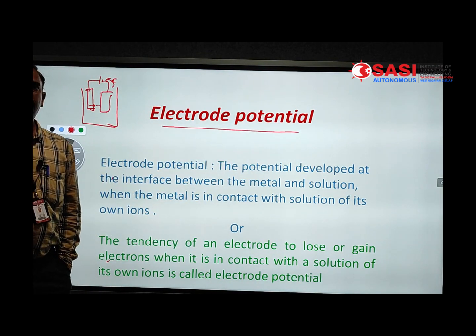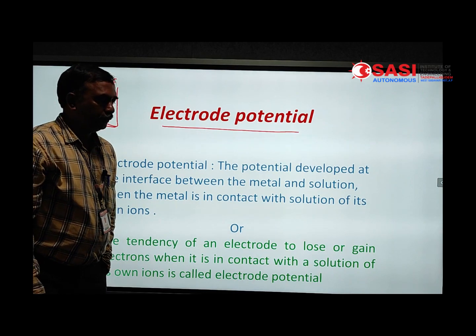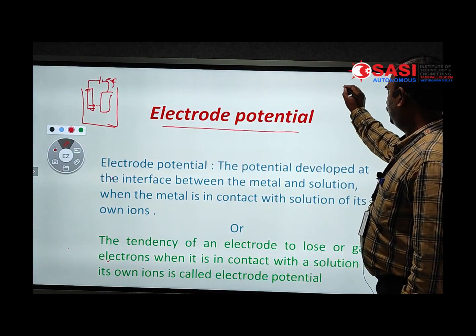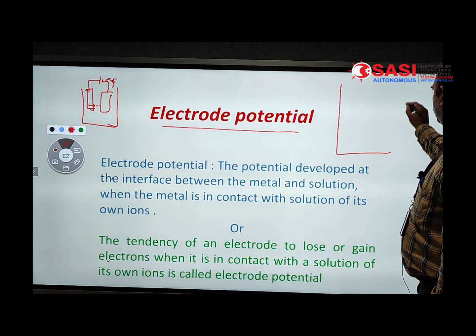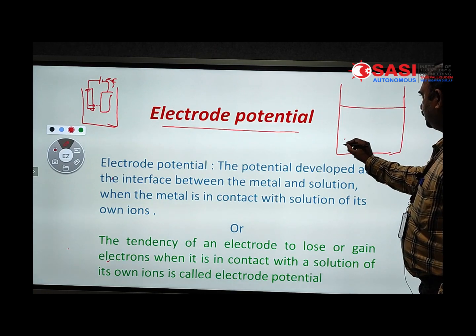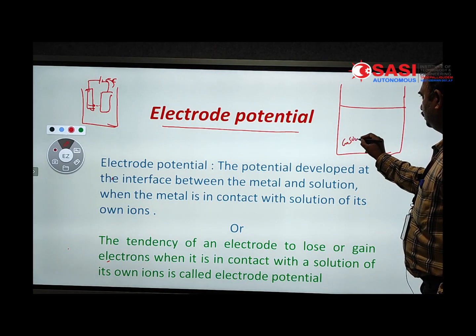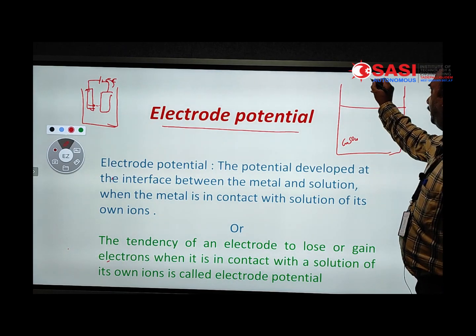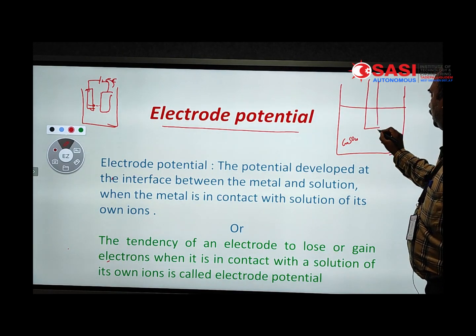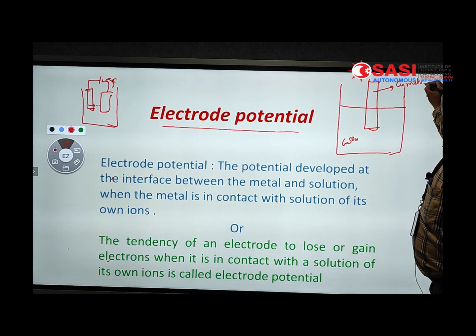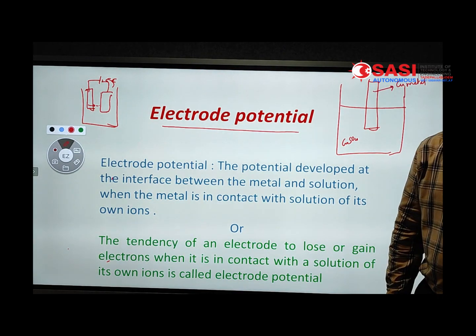Electrode potential is nothing but the potential developed when you place a metal in its salt solution. For example, you take a beaker with copper sulfate solution and immerse copper metal, which is nothing but an electrode. Then what will happen?